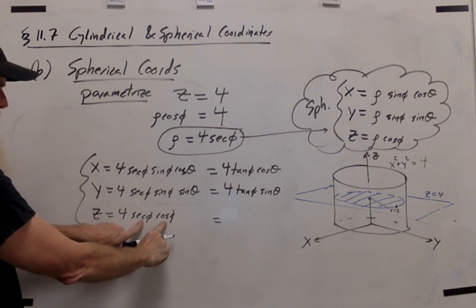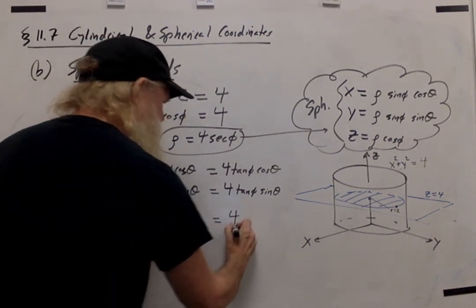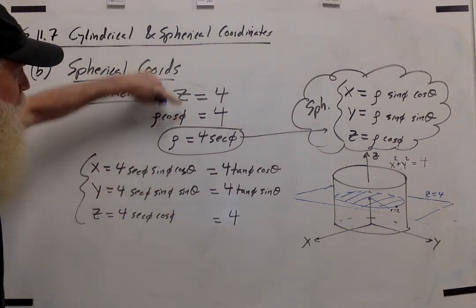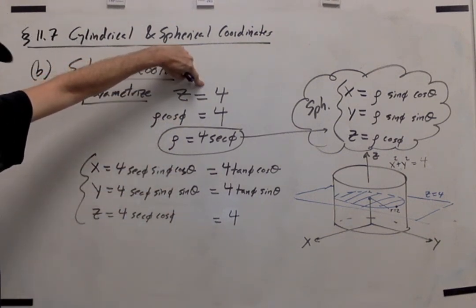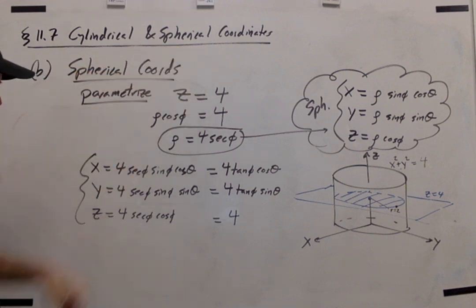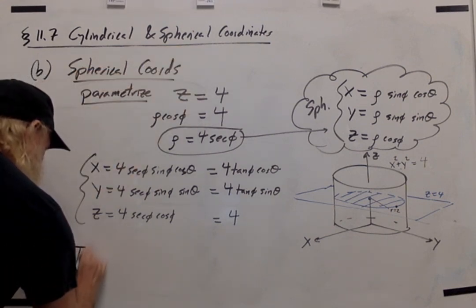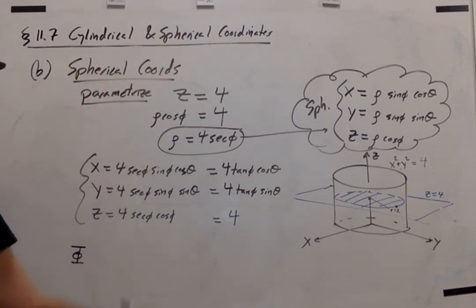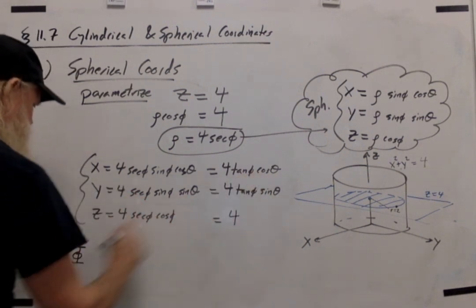This is kind of cute. Secant times cosine is 1. So I get z equals 4, which shouldn't surprise us because our plane is z equals 4. So our parameterization then has parameters phi and theta.